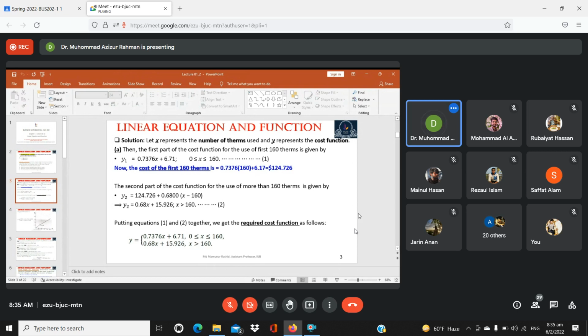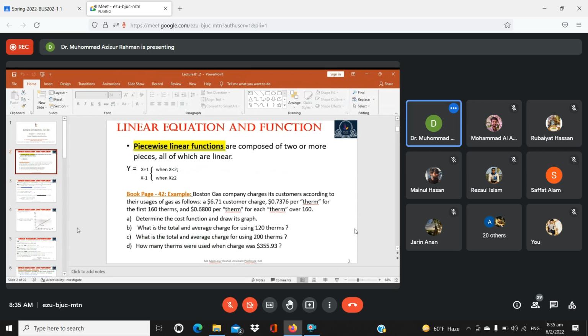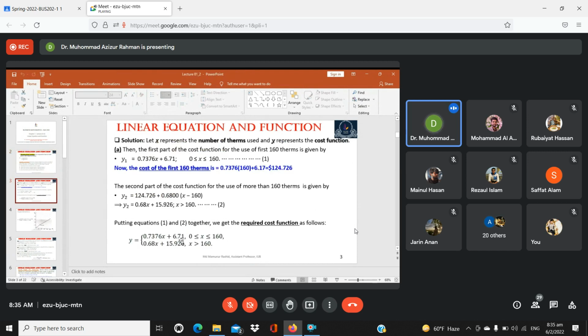So the next part, we need to draw the graph. It asks us to determine the cost function and draw its graph. So we try to draw this function.